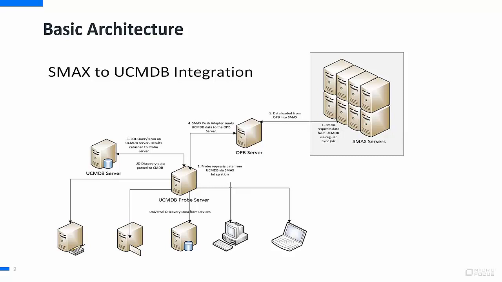Depending on how much data needs to flow over from UCMDB, the initial run, depending on the size of your organization and how much data you've got held within the CMDB, can potentially be big at the beginning, but then there are smaller delta syncs that can run. So after the initial load, the next ones should be a lot smaller, and you should see a small amount of data flowing between the two systems.